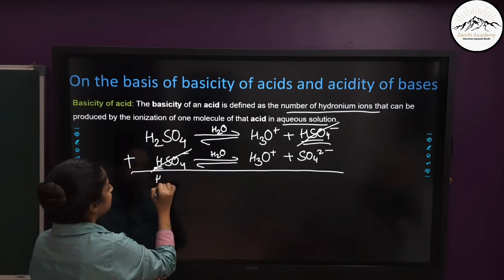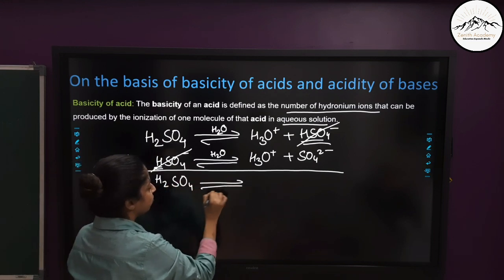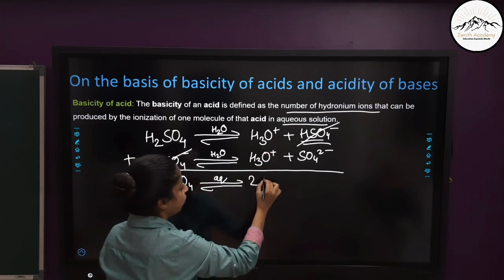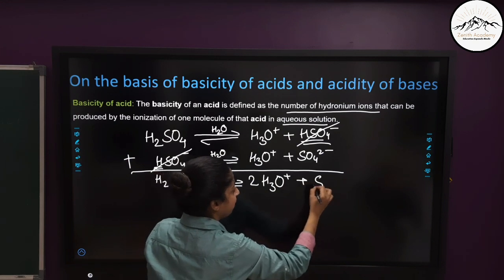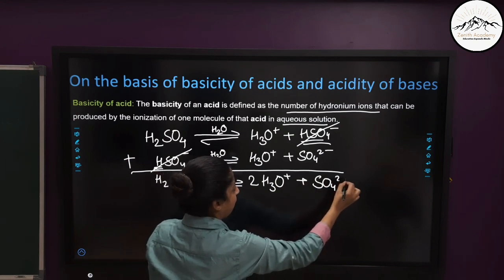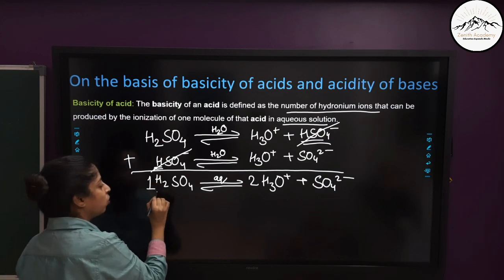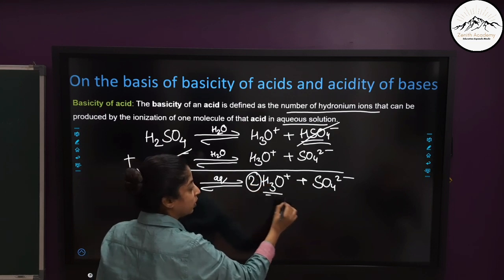So here you can see that H2SO4 in the aqueous medium gave 2 hydronium ions and a sulfate anion. So one molecule of H2SO4 gave 2 molecules of hydronium.